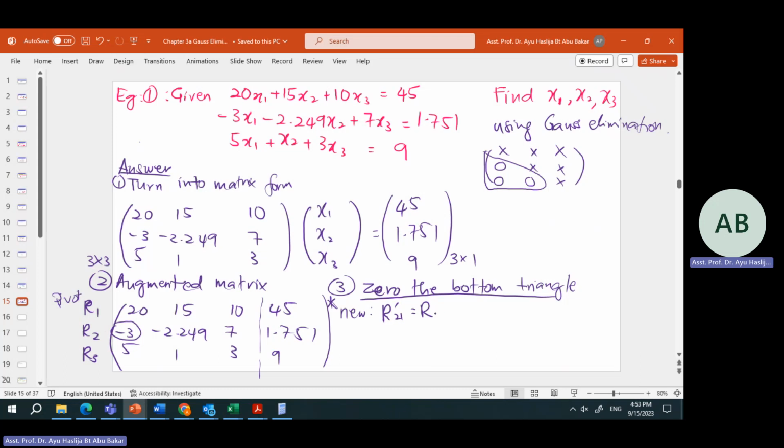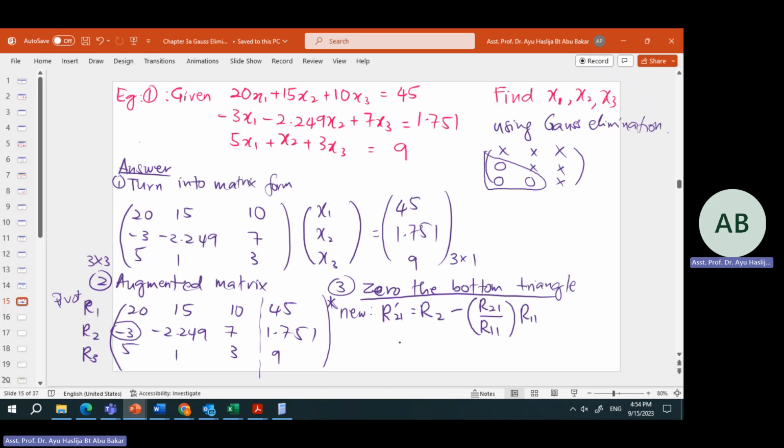Okay, so R2, the original value, minus R21 over R11, because we are pivoting the first row, multiplied by R11.